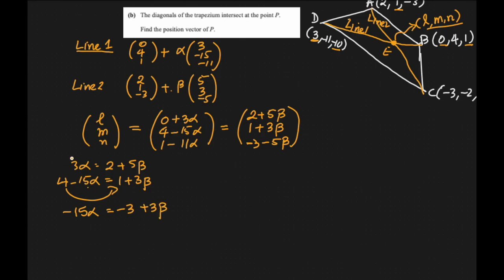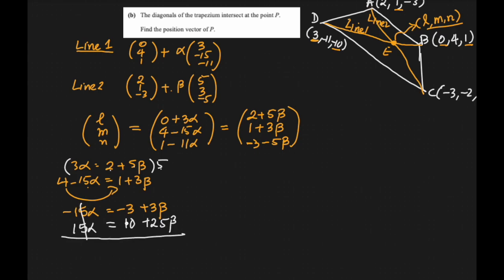And now I will multiply this equation by 5 to eliminate. How? This 3 will become 15 by multiplying by 5, so it will become positive 15 alpha, and it will be easy to cancel out with this 15 alpha. Alright, 2 times 5 is 10, and 5 times 5 is 25 beta. Okay, so cancel out.